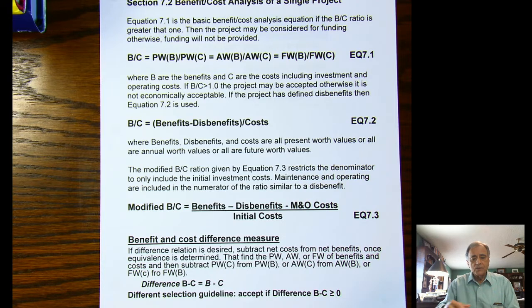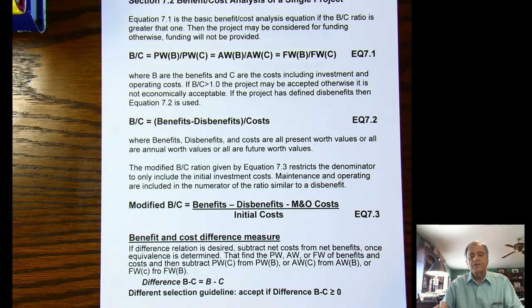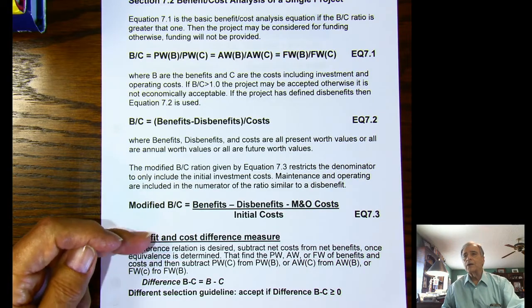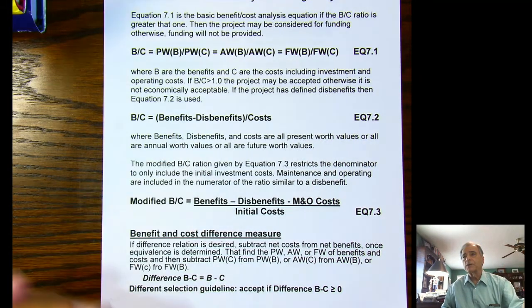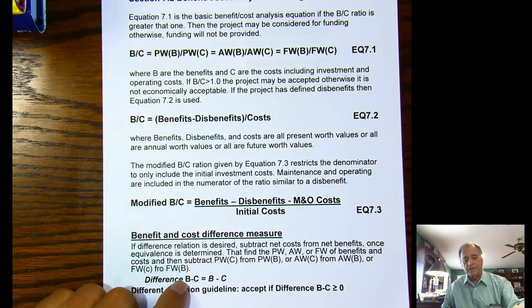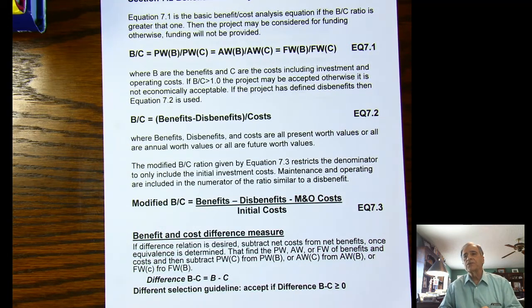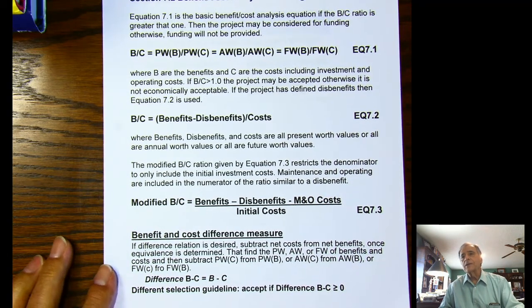The last thing we'll cover before we work some example problems is the difference measure. Rather than doing the ratio of benefits divided by cost, we do benefits minus cost. If benefits are greater than the cost, the ratio will be greater than 1, and the difference will be greater than 0.